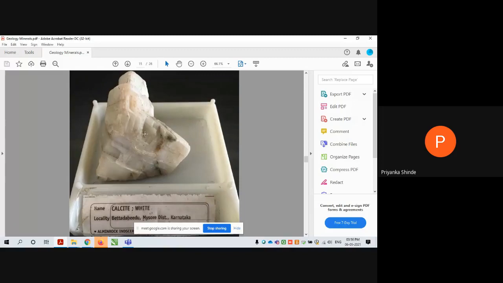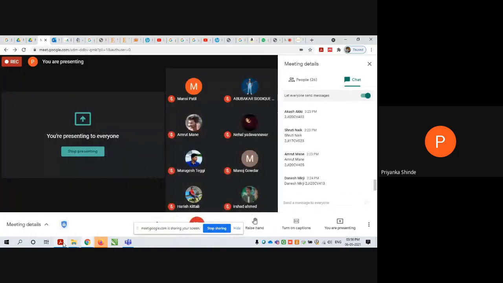It is found in sedimentary and metamorphic rock. I'll tell you why. Because we know the rock whose composition is CaCO3, that is calcium carbonate. Any idea? Which contains lime, which is a sedimentary rock. Anyone? The name of the rock whose composition is calcium carbonate.